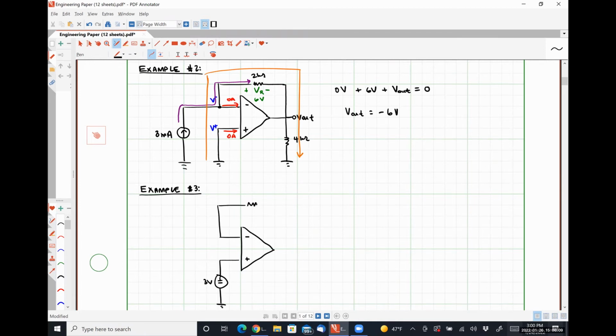Let's do that same 2 kilo ohm resistor up here. That same 4 kilo ohm resistor here. And that same 3 milliamp source here.